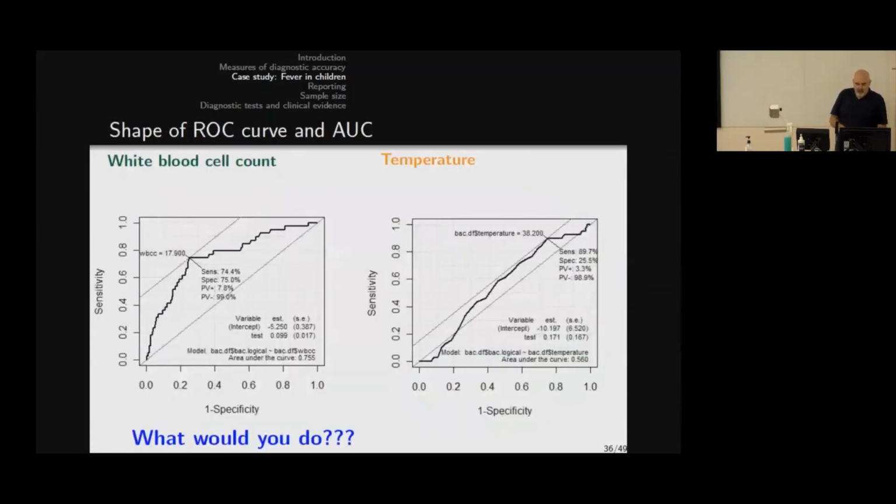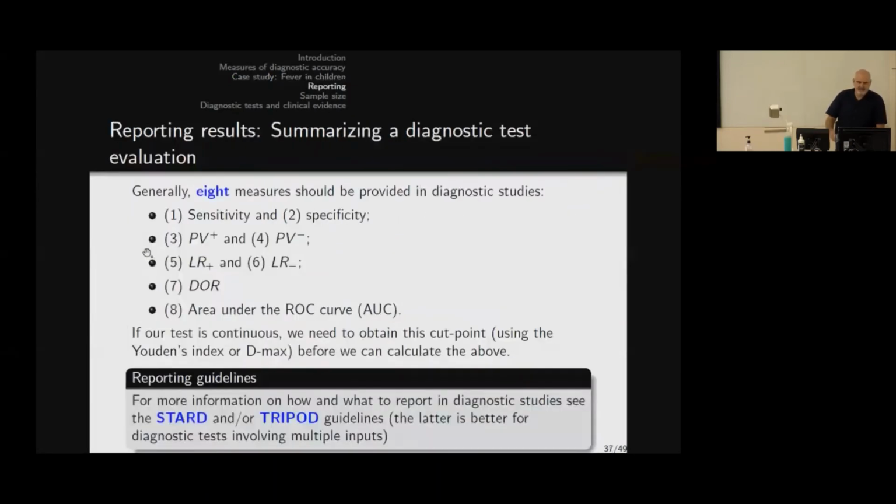So here we can see white blood cell count looks a lot better than temperature. Not just from the shape of the ROC curves, but almost every diagnostic accuracy statistic that it's spat out at us tells us that temperature is terrible and white blood cells not bad.